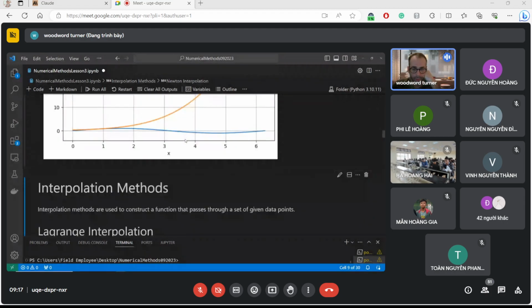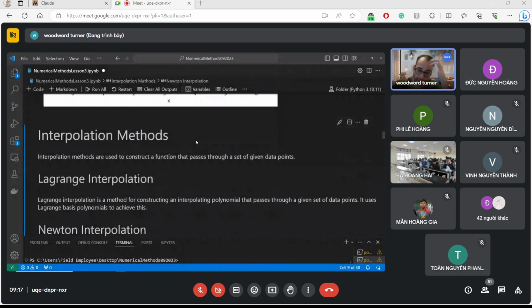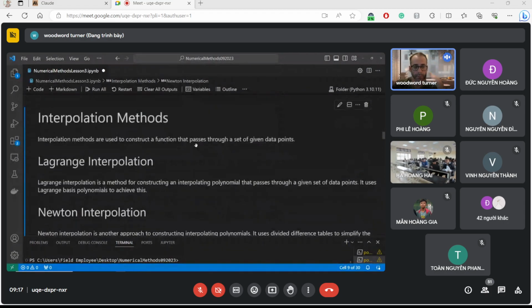Okay, so that kind of motivates what we want to do next. I'm just going to talk about a few interpolation methods, and I'll introduce them in a very simple way, and then we'll get into the mathematics of them to get a much deeper understanding of them. So let's do that.